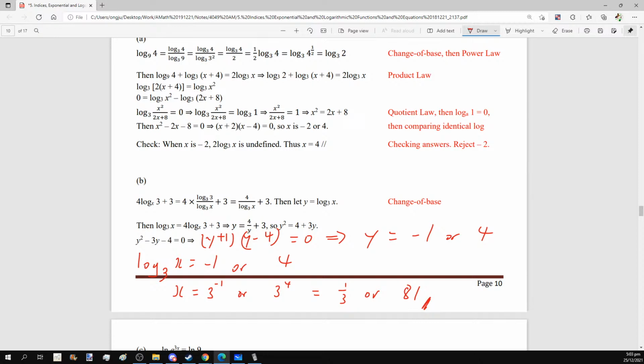We're going to deliberately ignore him. Right, so in this case, you can actually check the values quite simply by referring back to the original question. I think for 1 over 3, that will be the easier one to check, right? So let me just briefly demonstrate the checking process.